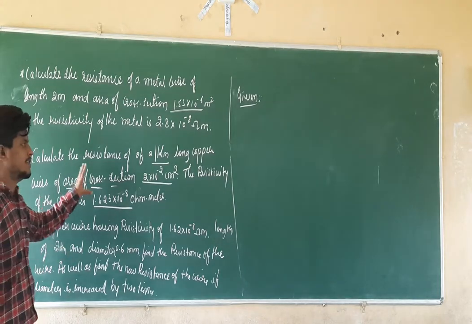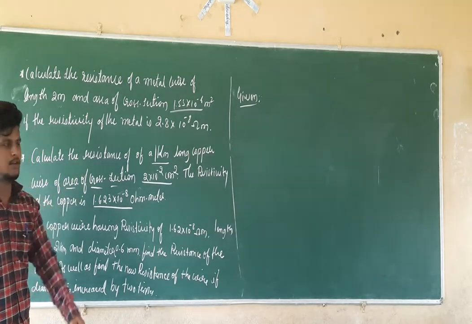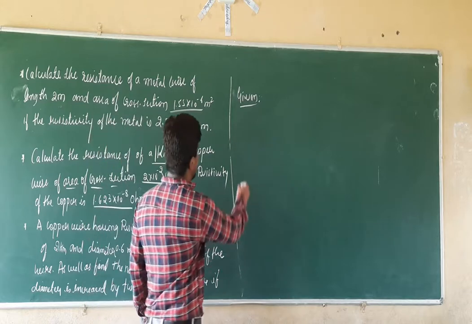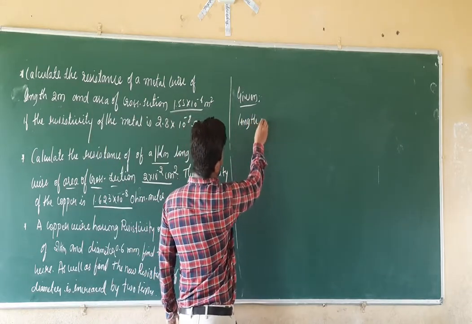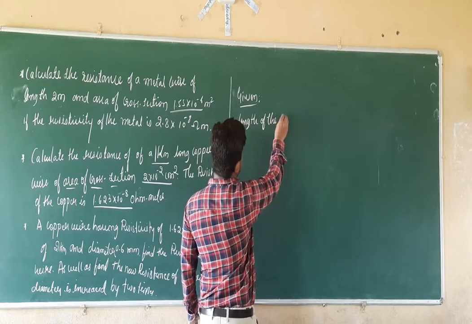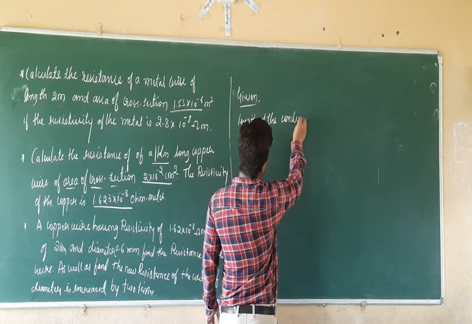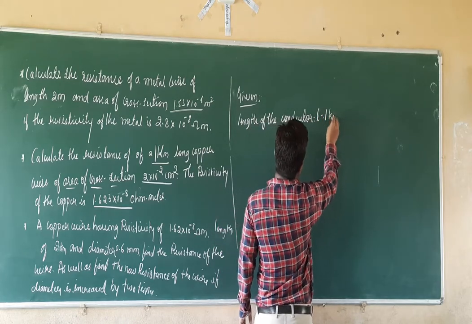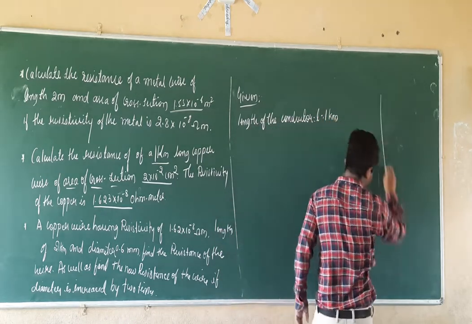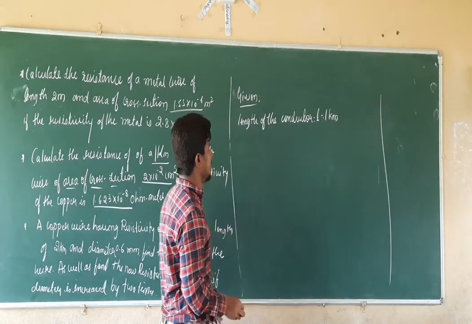We have to calculate the resistance of that copper wire. So the first given data is the length of the conductor, that is L equal to 1 kilometer.